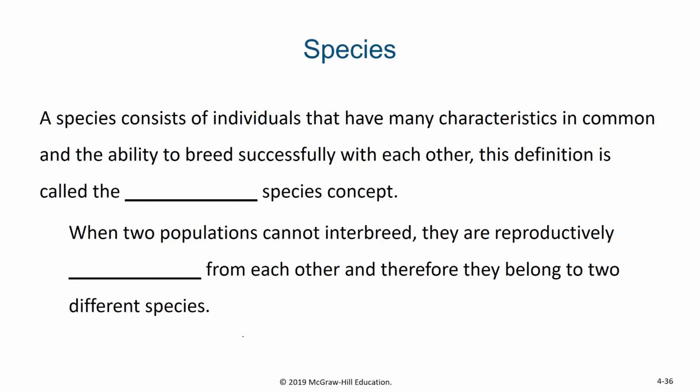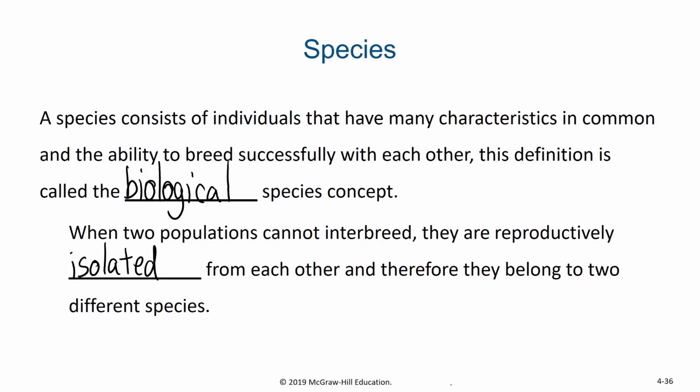This definition is called the biological species concept, and it is one way of defining a species. When two populations cannot interbreed, they are reproductively isolated from each other, and therefore they belong to two different species.